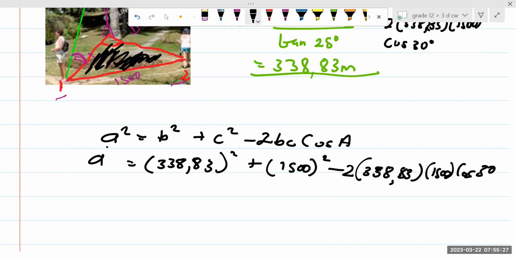Then you can say, okay, put the square root on both sides, since we're talking about the length of something, which is always going to be positive.